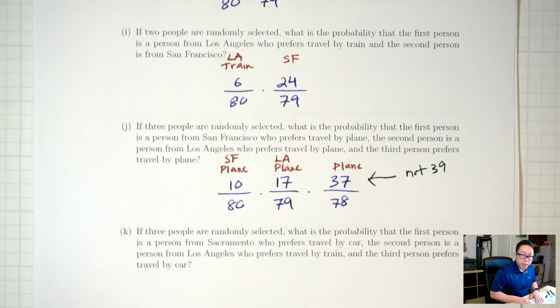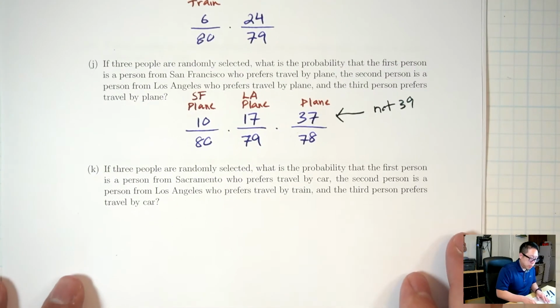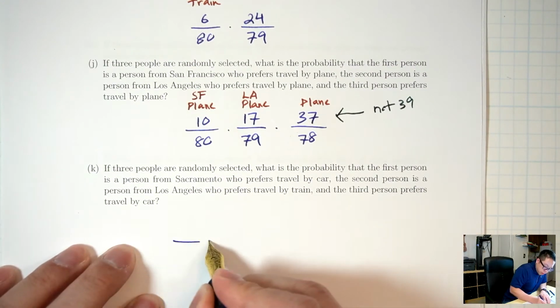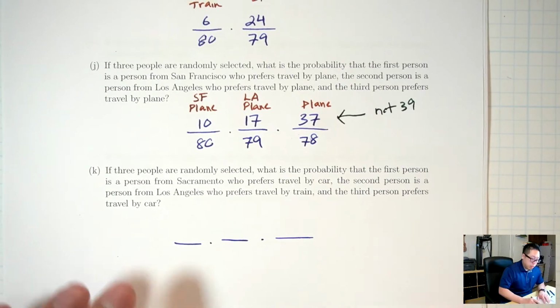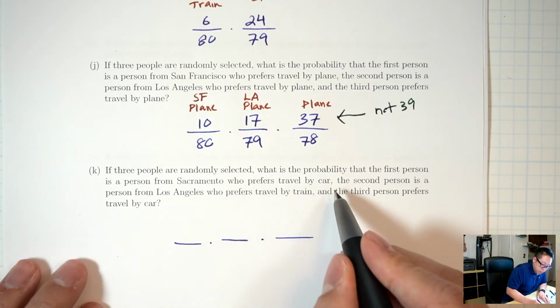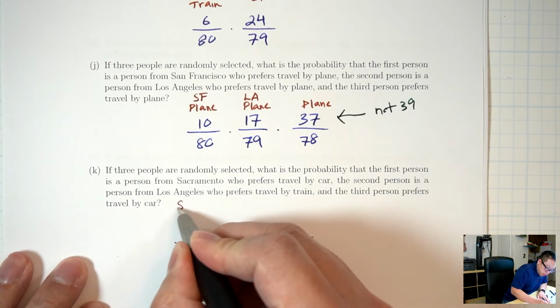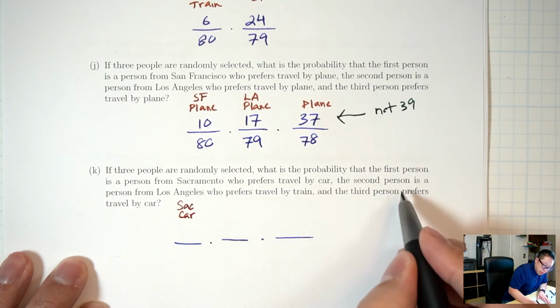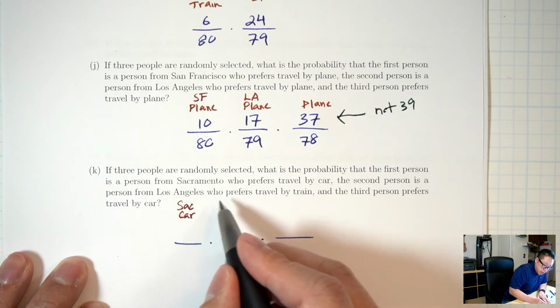Okay, part K. If 3 people are randomly selected, so I need 3 fractions here. What's the probability that the first person is a person from Sacramento who prefers travel by car? So first person is Sacramento car. Second person is a person from Los Angeles who prefers travel by train.